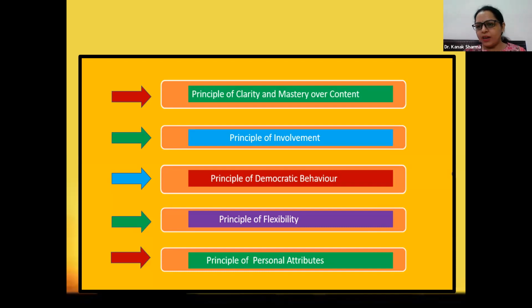You are a teacher, not the master of that class. Your students could also give good ideas, so you should accept that. Sometimes they ask questions, and you should listen carefully and respond to them. Like this, the principle of flexibility should be there.